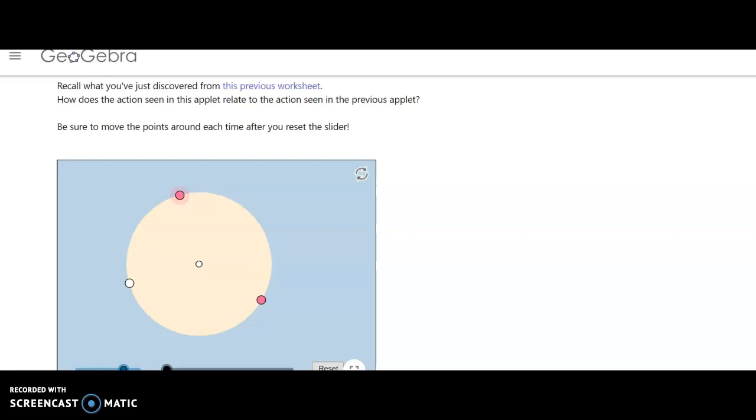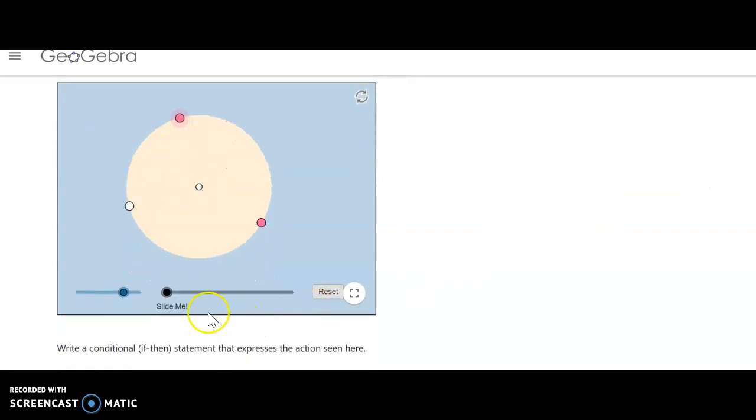All right, so let's see what happens in this one. First of all, the blue slider for now doesn't change anything. Looks like they're drawing two chords. And that dash line makes me think that this is like a mirror image of this one over here.